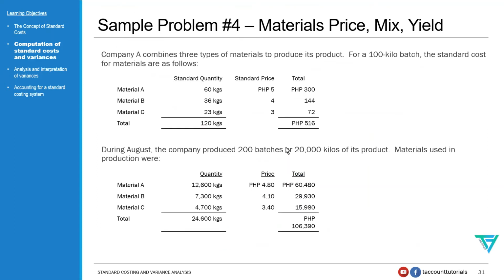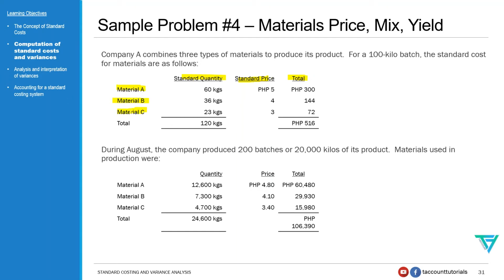Alright, so now we proceed to a sample material price, mix, and yield problem. So here are the givens. Company A combines three types of materials to produce its product. For a 100 kilo batch, the standard costs for materials are as follows. We have the standard quantity, the standard price, as well as the total standard quantities and standard prices for each type of material.